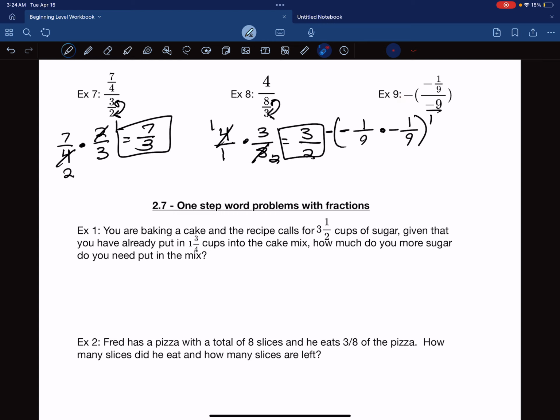So we have 1 times 1, which is 1, and 9 times 9, which is 81. And a negative times a negative is a positive. So we have -1 times 1 over 81, which is just -1 over 81. That's our answer.